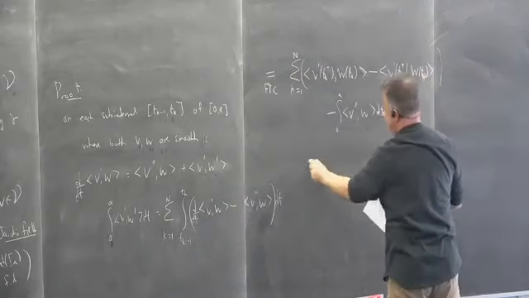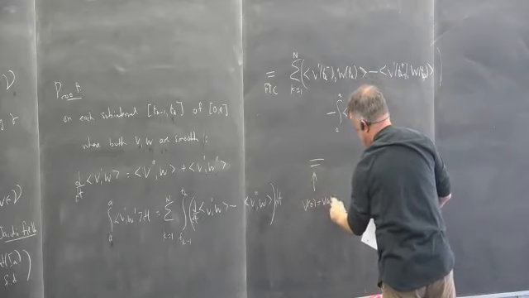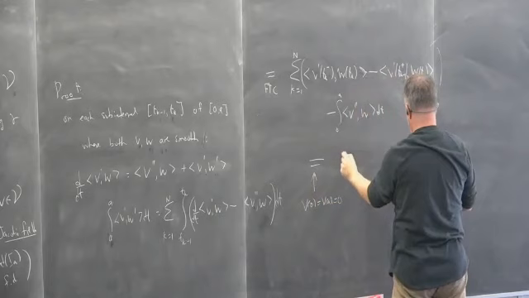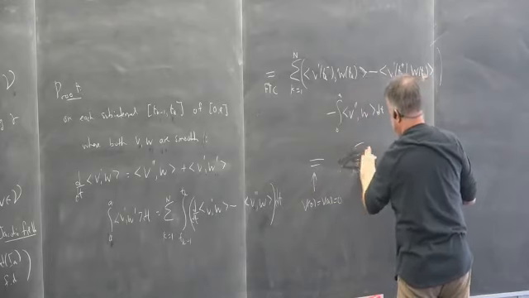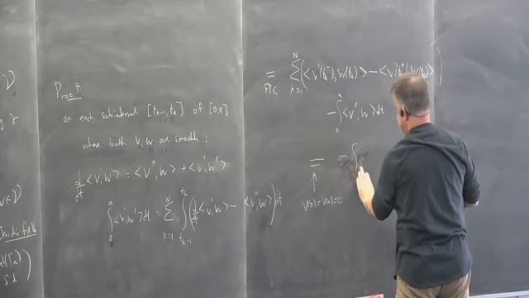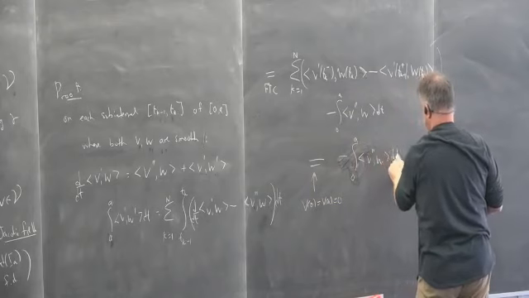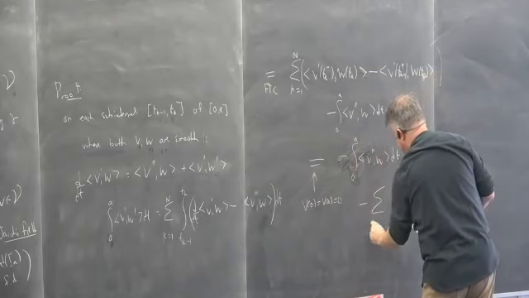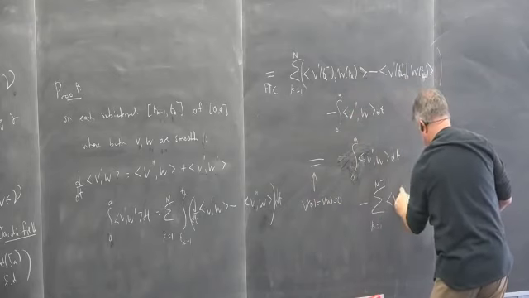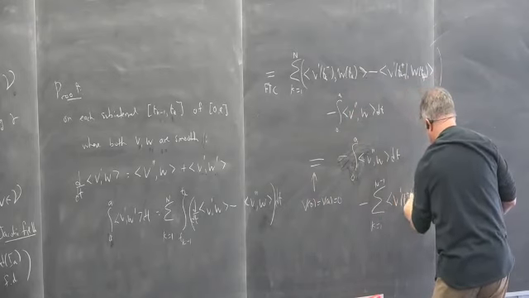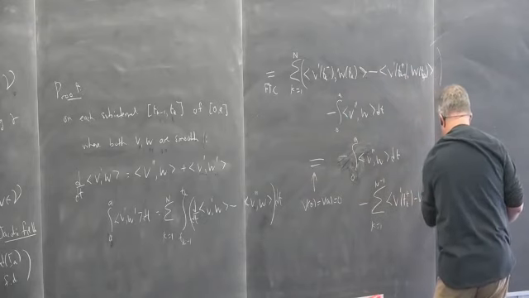Right? And I can rewrite this because v of 0 and v of a are 0. I can rewrite this as minus the integral from 0 to a of v double prime w, minus the sum from k equals 1 up to n minus 1 of v prime of tk plus minus v prime of tk minus, times w of tk.